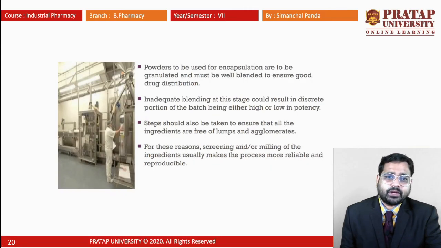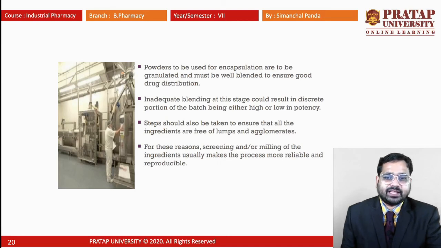Powders to be used for encapsulation are to be granulated and must be well blended to ensure good drug distribution. Inadequate blending could result in discrete portions of the batch being either high or low in potency. Steps should also be taken to ensure that all the ingredients are free of lumps and agglomerates.